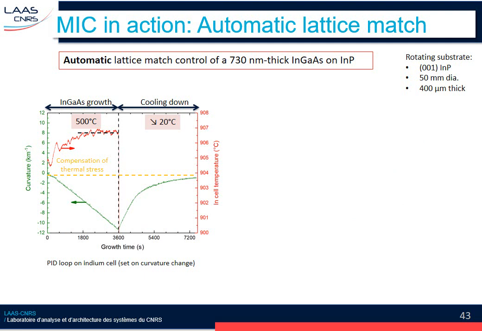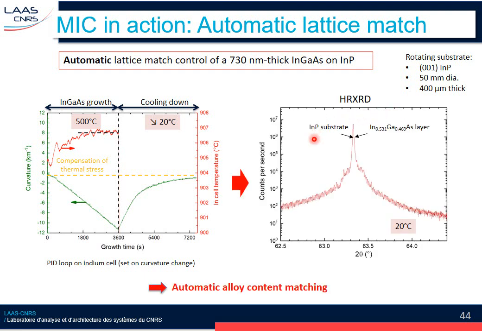So we controlled the temperature of the indium cell not to get a flat curve, so no change in curvature, but a constant change in curvature, so a constant stress. And then when we cooled down the wafer, you see that the curvature comes back to the curvature the wafer had at the beginning.